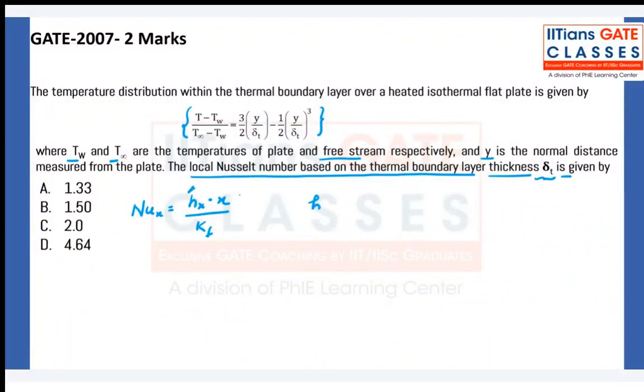So hx will be equal to minus k dT by dy at y equals 0, divided by T surface minus T infinity. Now temperature is given to me. I can find out dT by dy at y equals 0. Can you find out dT by dy at y equals 0? Because the temperature distribution is given to you.